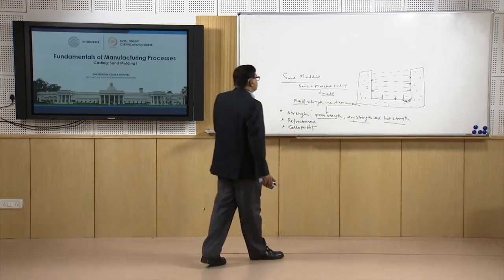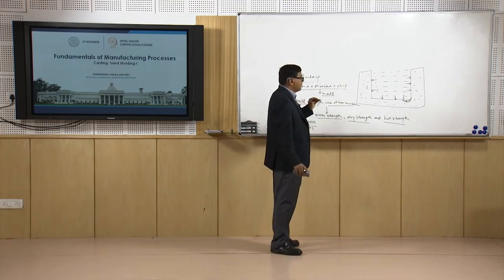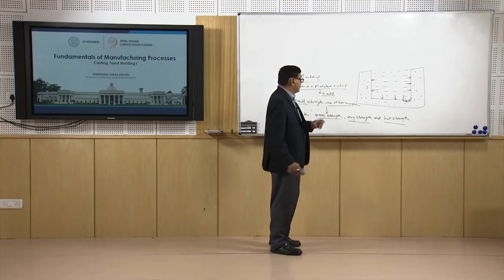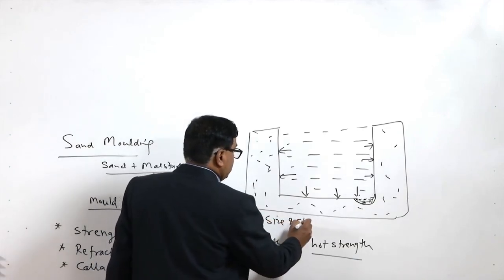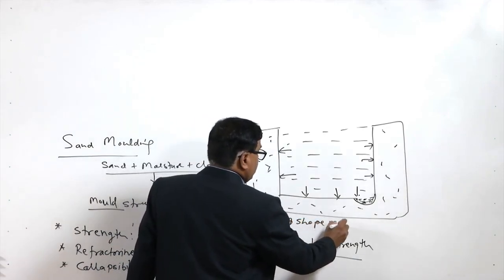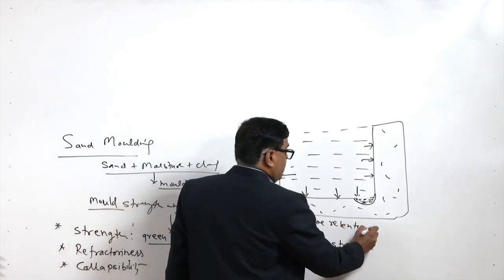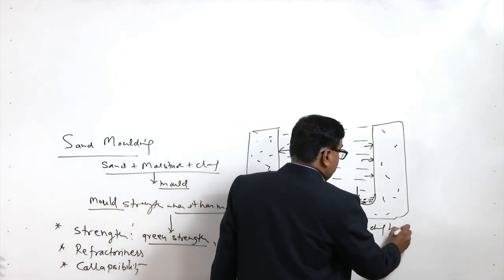So, in that case, the strength of the mold matters primarily for the size and shape retention during the handling.